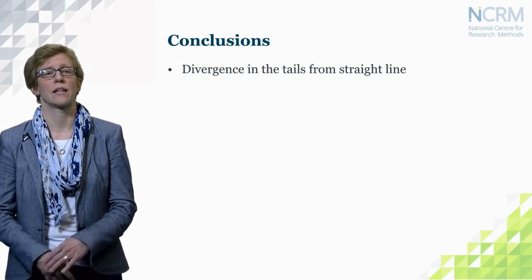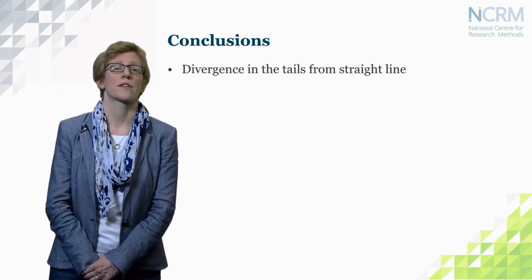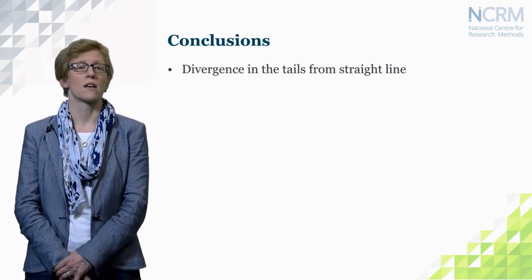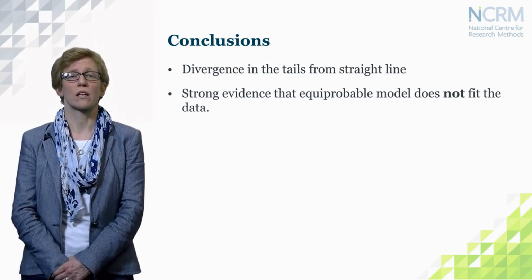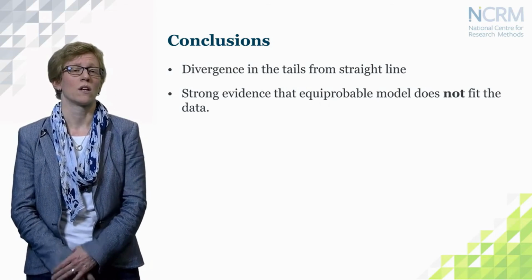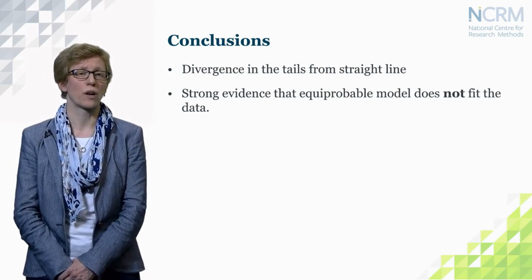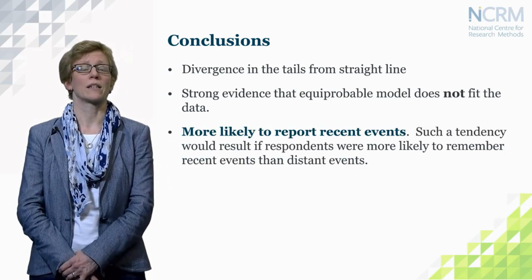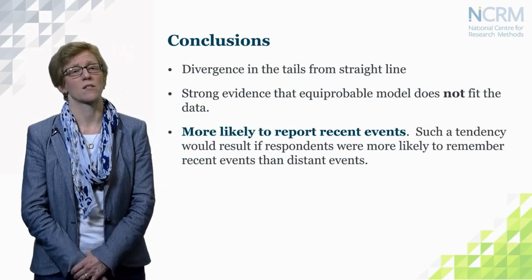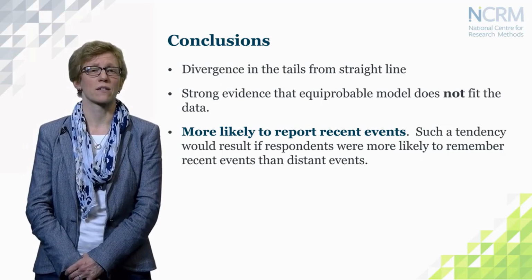The conclusions are clearly that there is divergence in the tails from these straight lines. There is overall strong evidence that the equiprobable model doesn't really fit the data that well, which maybe isn't too surprising. We see that the data is more likely to report recent events.